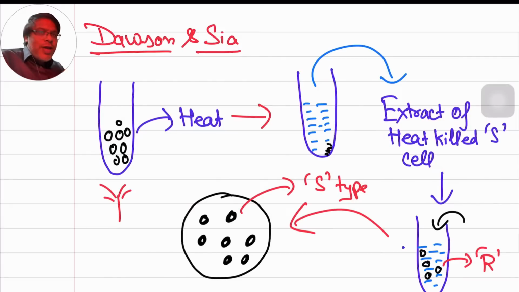So this experiment by Dawson and Sia clearly said that you can perform the experiment in vitro. If you remember, in the Griffith experiment of transformation, Griffith performed the transformation within the mouse, but here you can perform the transformation of R bacterial cells into S bacterial cells in an in vitro experiment.